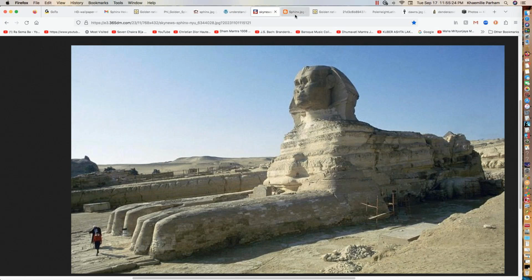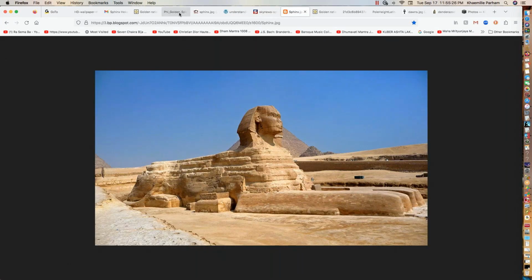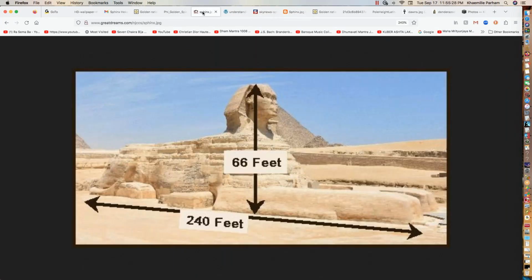Okay? So, I want to now go to the next feature of the Sphinx, the next constant encoded mathematically as a messaging to leaders, and that is the concept of pi.